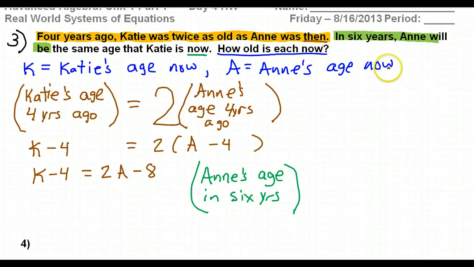Sound familiar? Now, hopefully I emphasize that enough. It will be the same age that Katie is now. So back in equation mode, Anne's age in 6 years should equal Katie's age now.